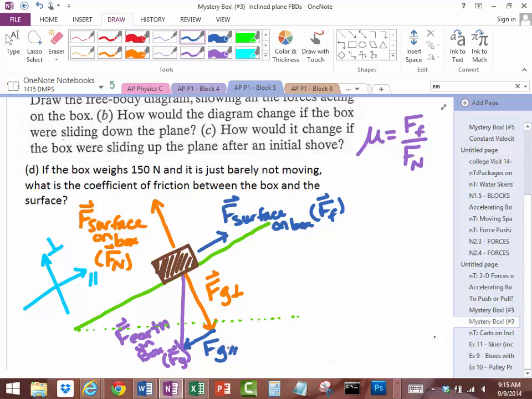This right here is also. This says all three of these have to add up to 90.